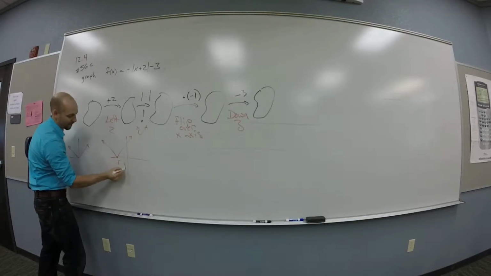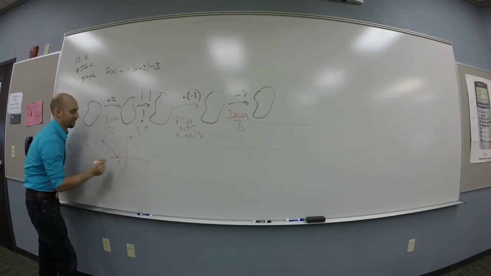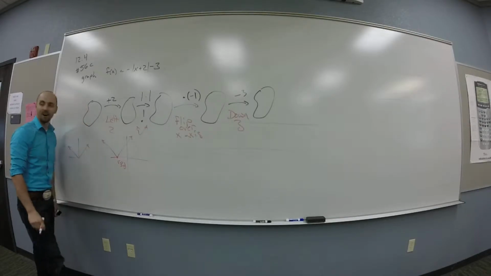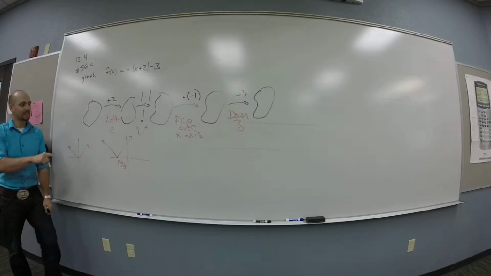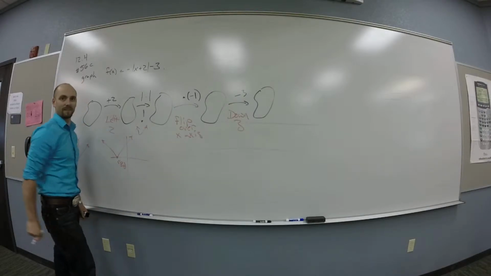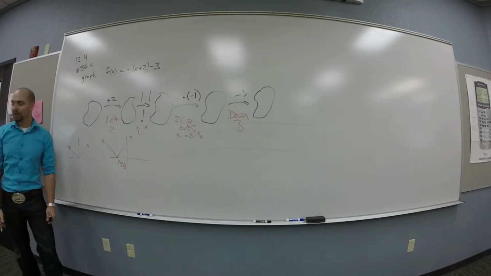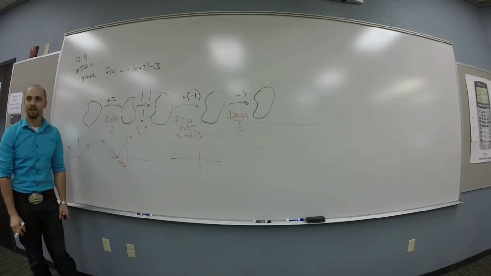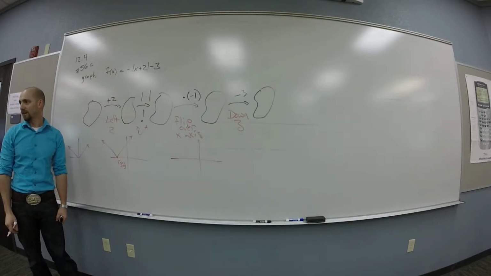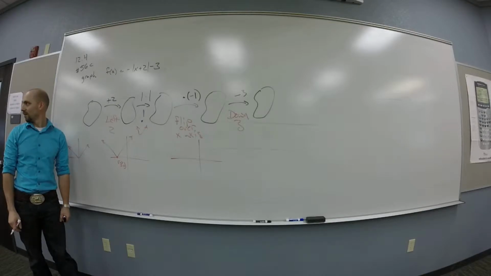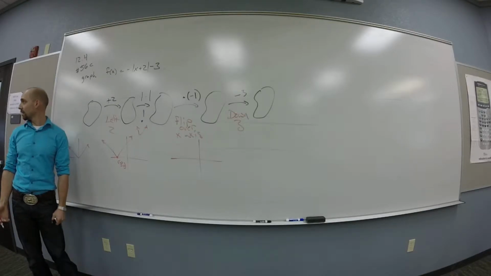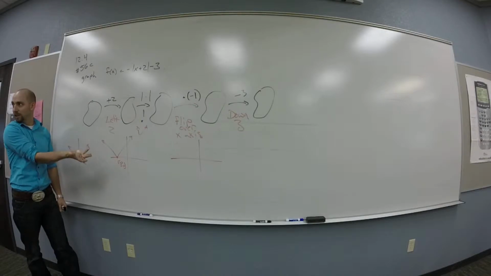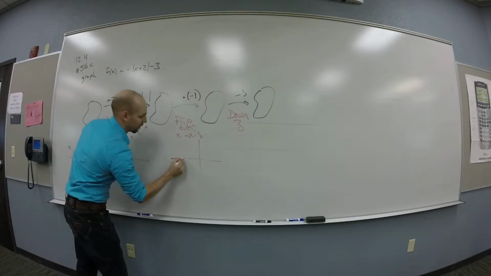So what's this point? -2, 0. And then what's the next thing I do? Flip over the x-axis. So what's my picture look like now? Where's the vertex? It's still at -2, 0, right? Because this flip doesn't change that. And then you go down 3.